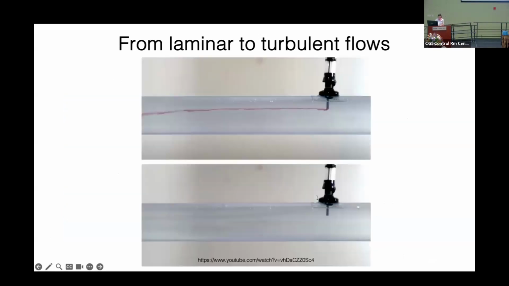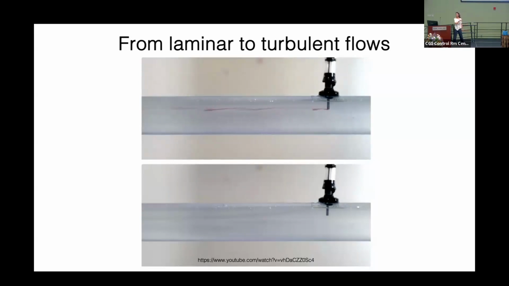What I found here on YouTube is a reproduction of these experiments. The top movie that I'm going to play corresponds to the laminar flow. This ink remains relatively on a straight line. The reason why you see these wavy things is because the ink is not being injected uniformly.